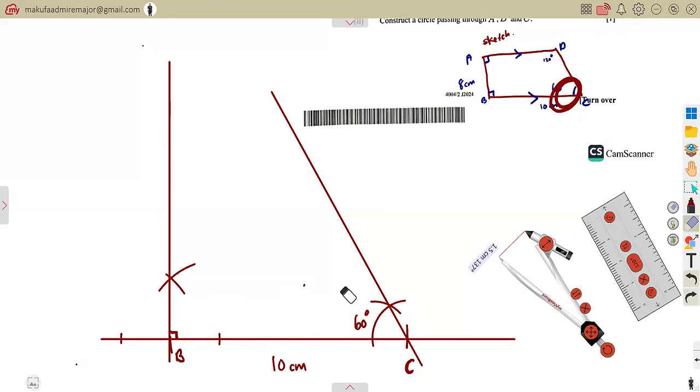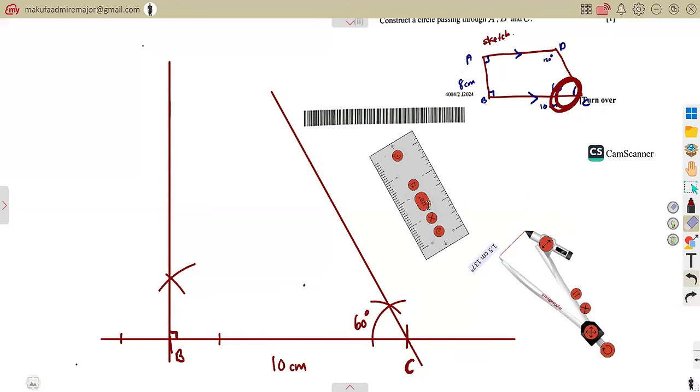So we can take our measurement of 8 centimeters, like the previous case, but you are using your compass in this case, so that you mark these points properly.